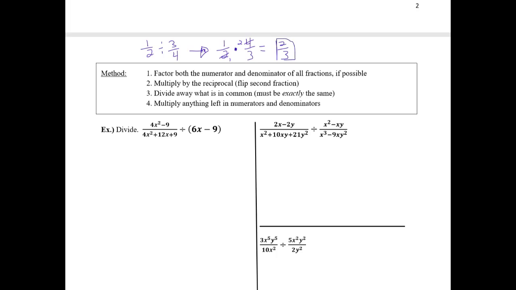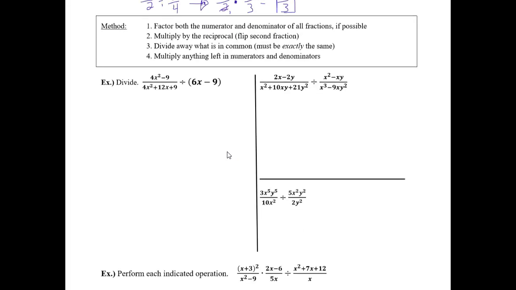We're going to do the exact same thing with these rational expressions. So we have to still factor everything, but before we divide out, we have to set it to multiplication. So copy the first rational expression, multiply the reciprocal of the second one. So looking at this first, I want to make sure everything is in fraction form.